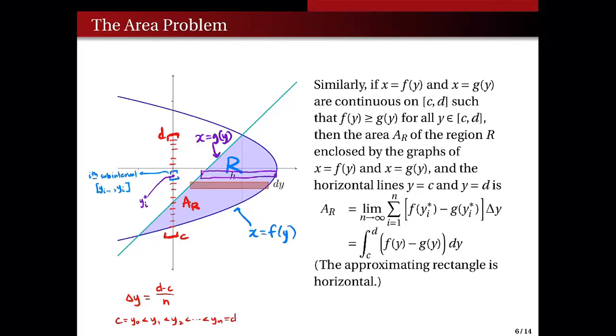So the area of each rectangle will be f of y sub i star minus g of y sub i star times delta y. Then we get the Riemann sum, and we take the limit as n approaches infinity. We will end up with the definite integral of f of y minus g of y dy from c to d.